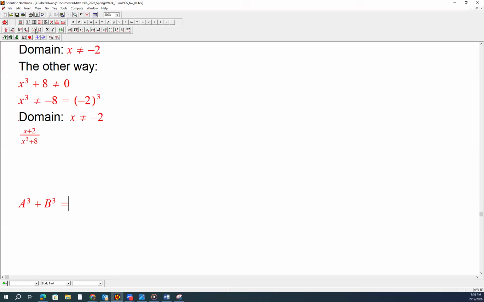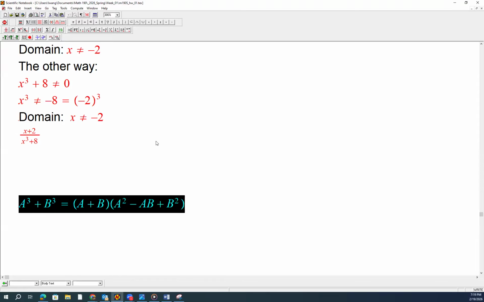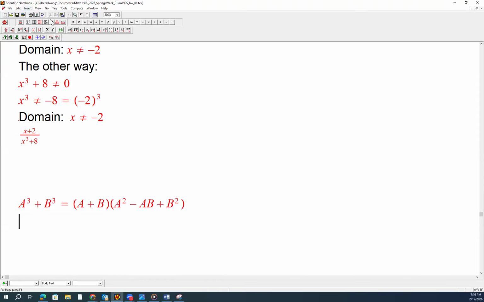I don't expect you to remember, but you want to be able to find it when you need it, and that's going to be a squared minus ab plus b squared. And to pair with this, there's another formula, which is a to the power 3 minus b to the power 3, and this will be negative, and that will be positive.